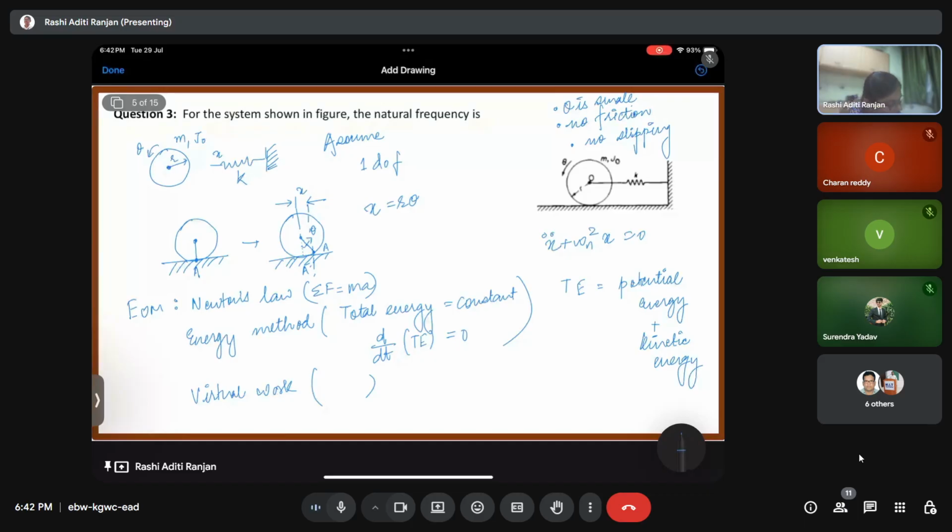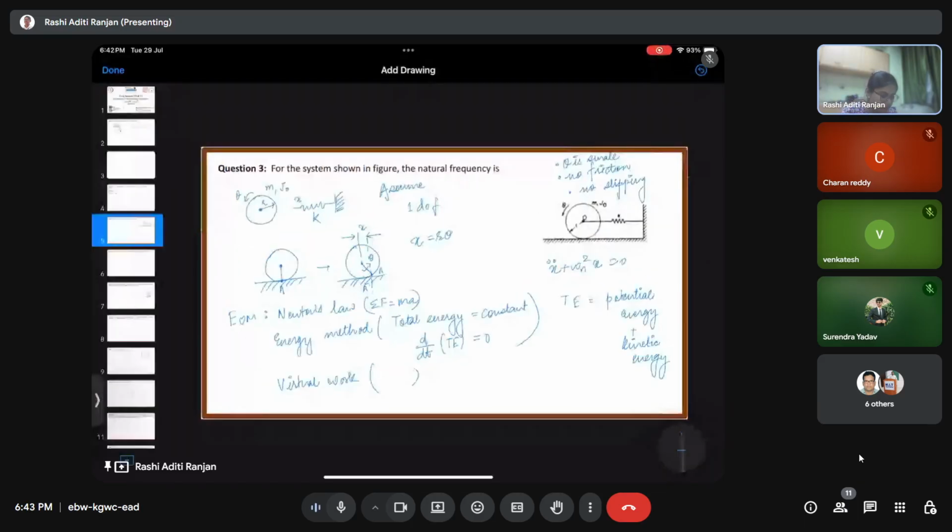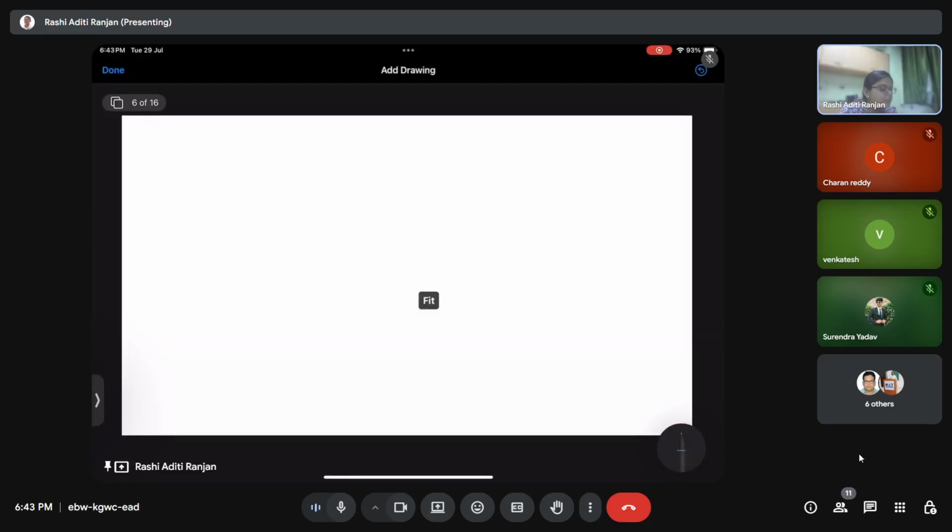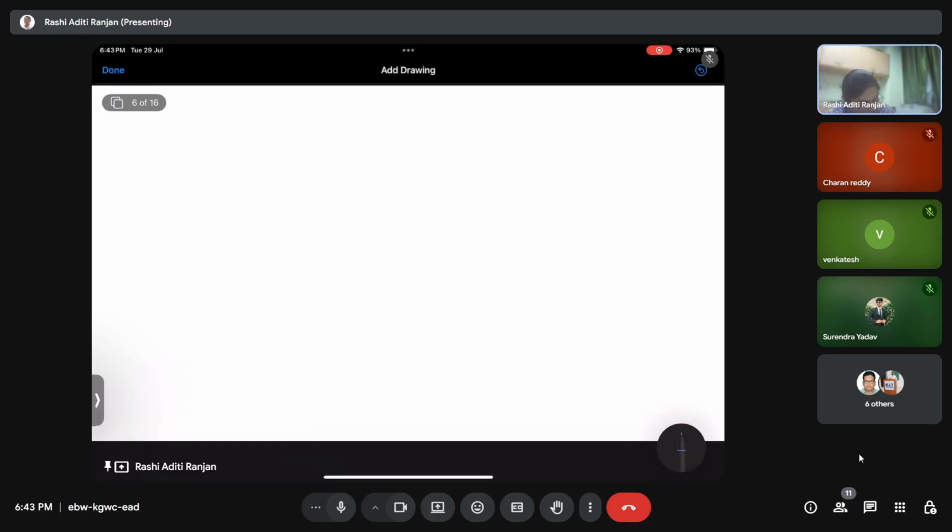So the potential energy is going to be half k x square. Now, if I write x in terms of theta, it is nothing but half k r square theta square, since x equals r theta, which we have evaluated earlier. So this is the potential energy.